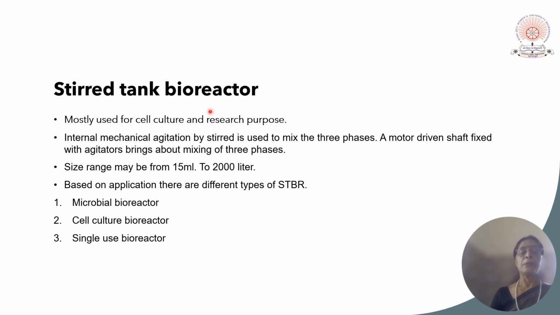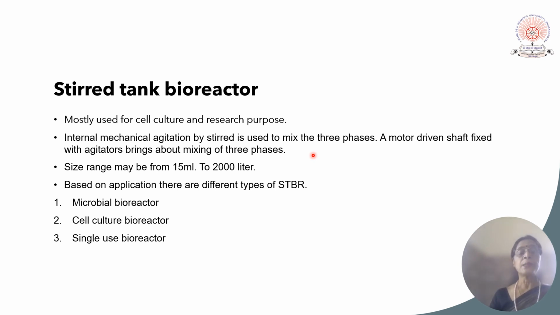Stir tank bioreactor. It is a type of bioreactor in which stirring is done. It is fitted with a stirrer, and inside a bioreactor, generally there are three phases: solid, liquid, and gas, and there is a proper mixing of these three phases inside the bioreactor.